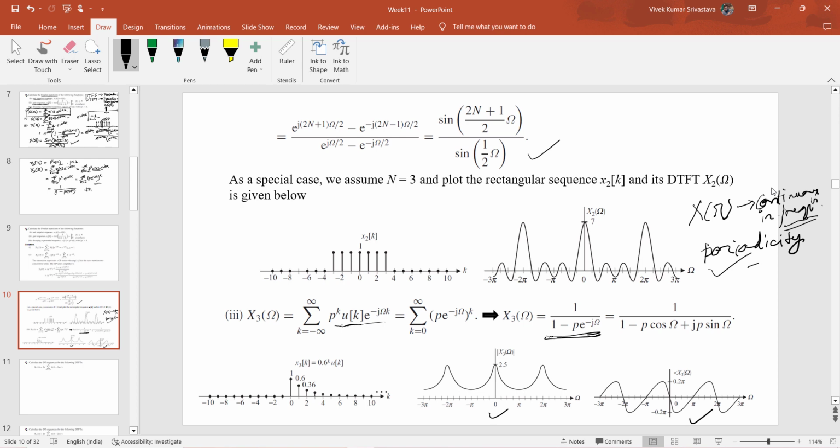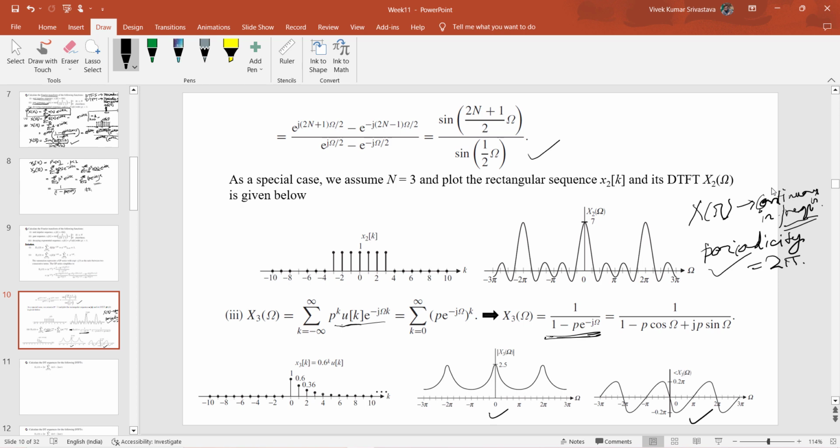Here the definition is 2 pi by T, capital T being the period. 2 pi itself is the period.